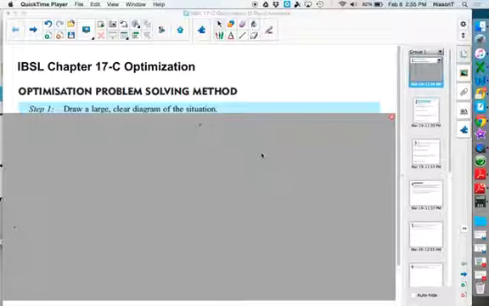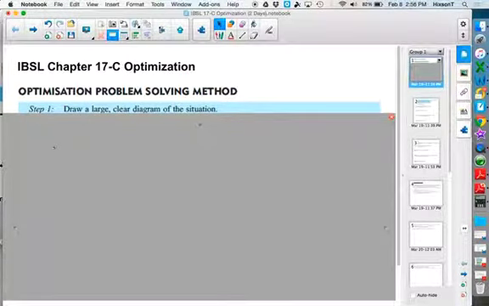Most of these, you'll be able to have some sort of a picture. Obviously, you might be dealing with things where we're optimizing something that's a rate of change for something that's not really tangible. But if it's tangible, if it's something that you can visualize, draw yourself a picture and help yourself understand the situation.